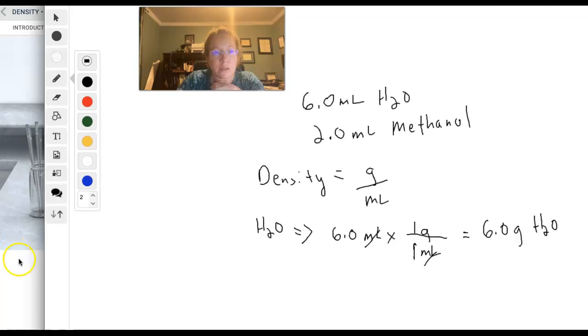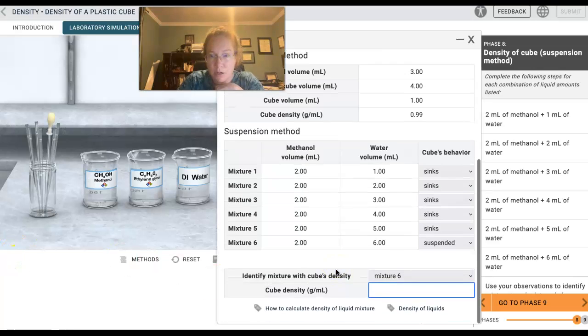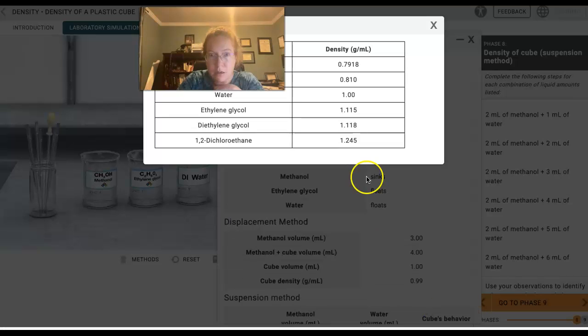Methanol, let's look back at, if we go down here, we can pull up the density of methanol. See, here's water, it's 1.